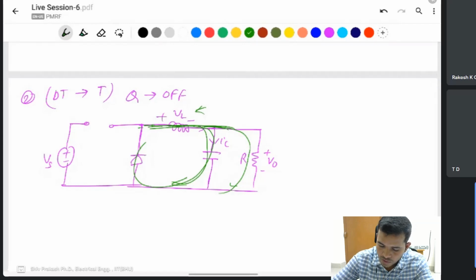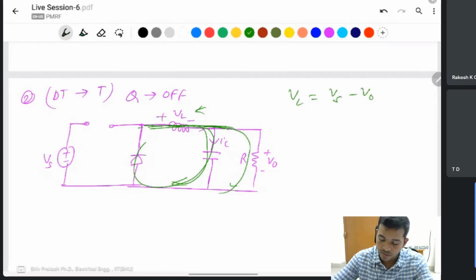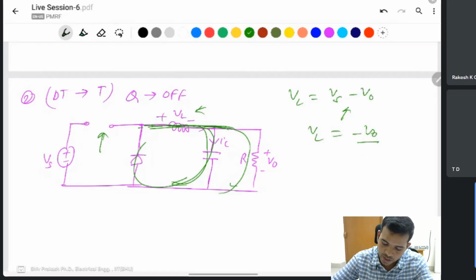You can also observe that VL is equal to Vs minus V naught. Does it mean the polarity of VL reverses when the switch turns off? Yes, because only V naught is present in the picture. In the second interval, when the switch is turned off, only V naught is present, so the polarity will be reversed.